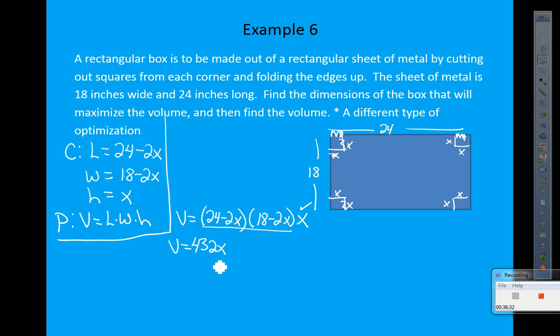So I've got 432x minus 24 times negative 2, negative 48x squared, minus 36x squared, plus 4x cubed. So here's my volume equation for a second. I've got 4x cubed, I'm just going to put it in order, minus 84x squared, plus 432x.